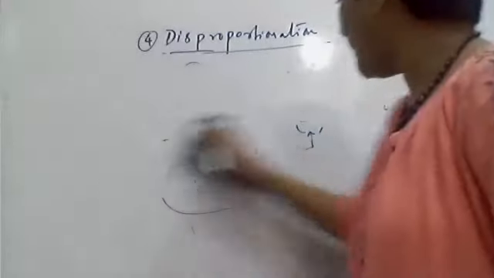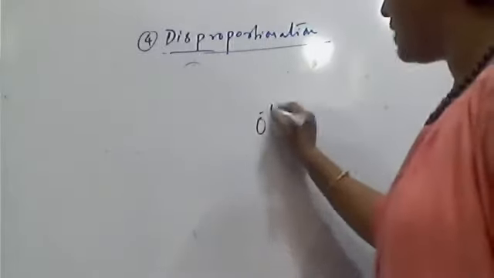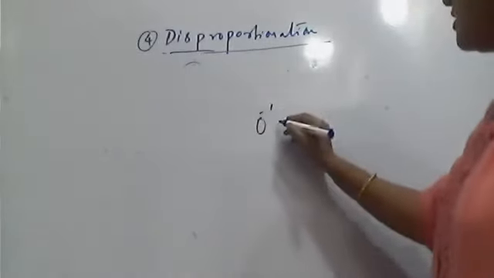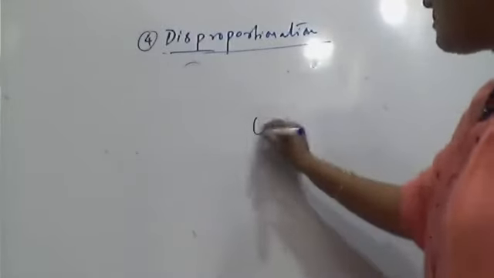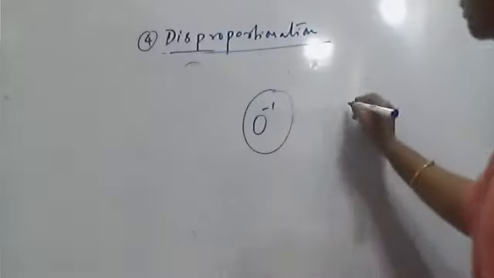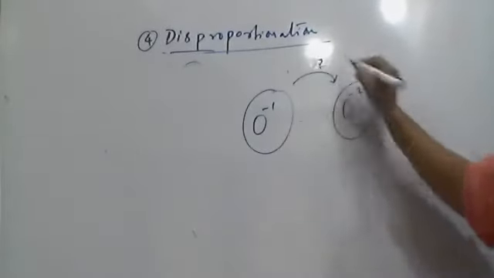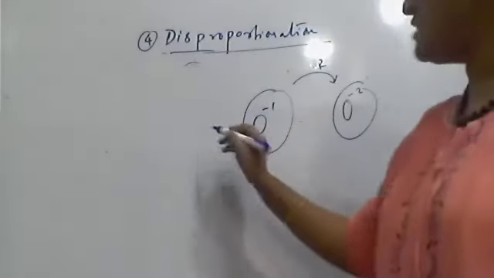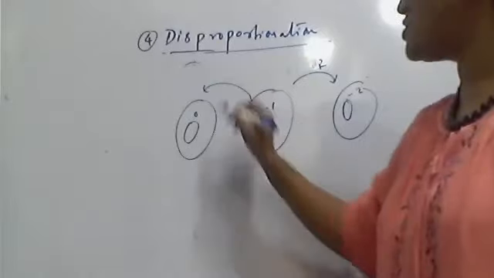So in this reaction, what happened? The oxygen was in -1. This -1 changed to O-2 by reduction. Then this -1 changed to the element by oxidation.